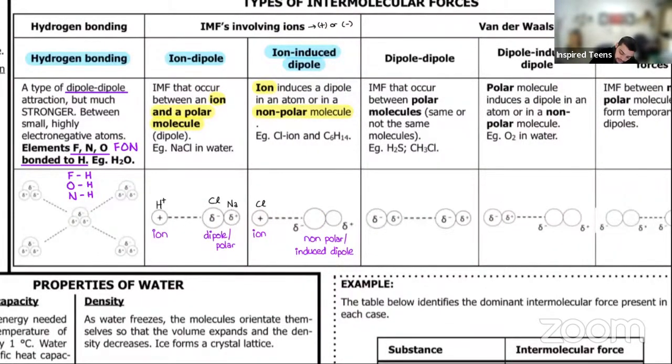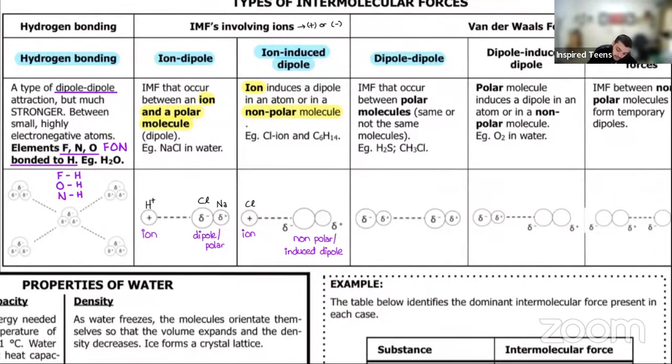The next one is dipole-dipole, and since we know what a dipole is, you can guess that it is an intermolecular force that occurs between polar molecules, same or not the same molecules. That's also important to understand. For example, H2S: you could have H2S in an intermolecular force with another H2S, both polar, so that would be a dipole-dipole.